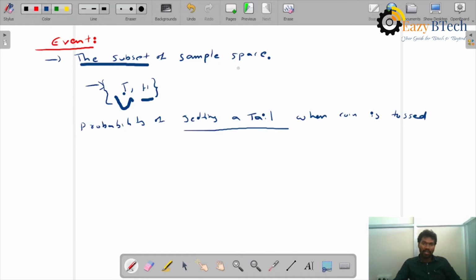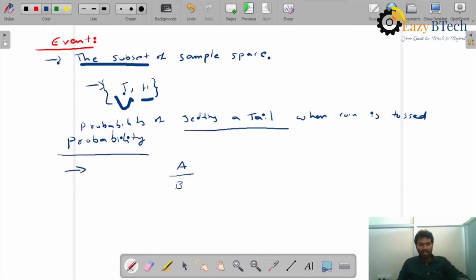Now moving on to the main definition. The main discussion here is probability. So how is it represented? Usually the definition of probability is somewhat complex, so I am giving the simplest definition here. You can call probability a ratio of two numbers, a by b.